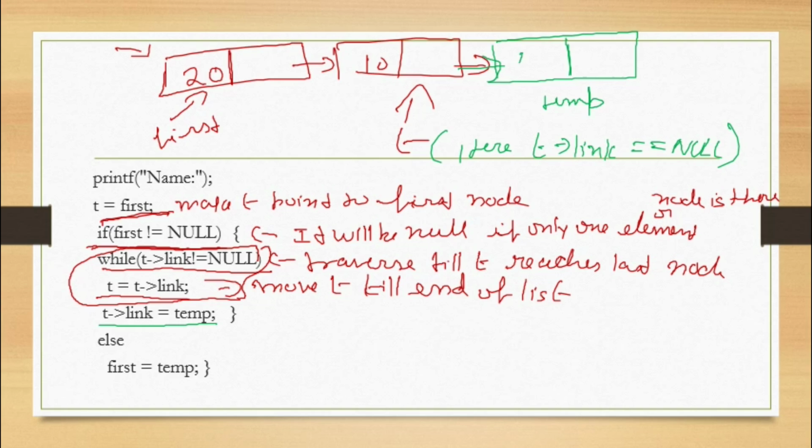Say some value you had put for temp, that is 40, as seen in the previous slide. So in this stage you are doing t of link is equal to temp. This is the normal case, how we insert at the end. This is how insertion happens.